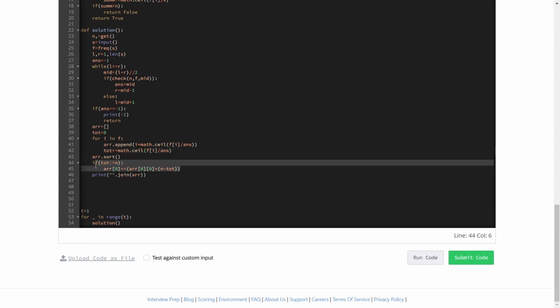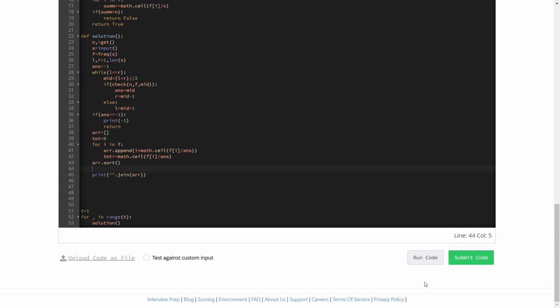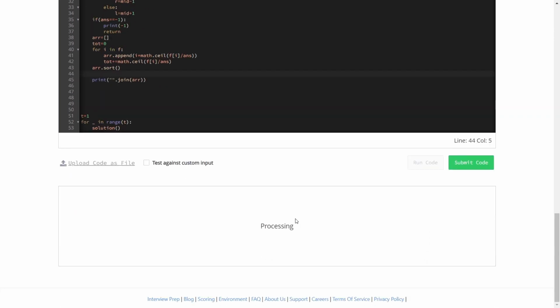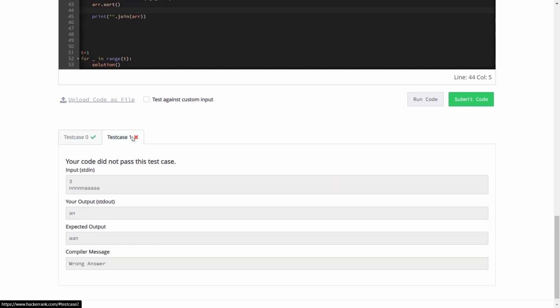Well, what is this particular line then? Let's see what happens if we don't have it. If we don't have this particular line, this case fails. Let's see why. We know for a fact that if we add an extra A, it does not change the number of repetitions. It will still be 5. If you have A or AA, the number of repetitions will still be 5.